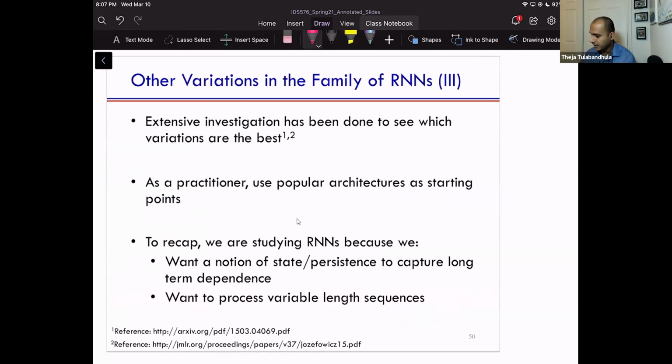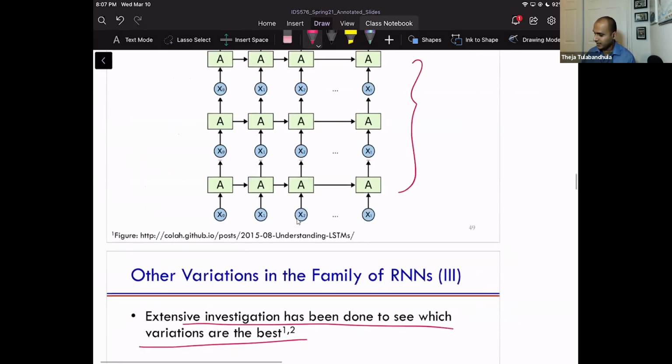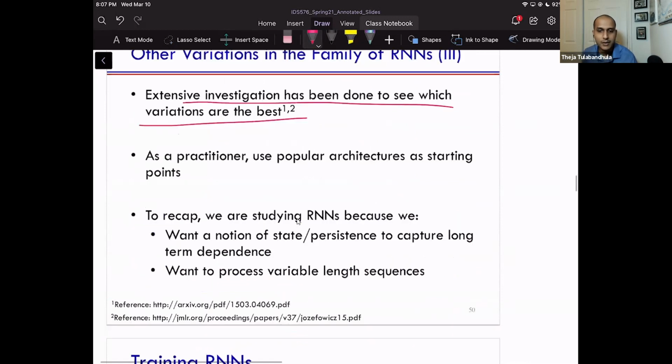One last comment is that there's a lot of investigation on which variations are the best. Variations mean, for example, should vanilla RNN be used, or an LSTM, or a GRU, or should I use stacked versions of these things. There's a lot of empirical work that's been done, and it is continuing to be done to understand how these can be made better and how they work, their interpretation.